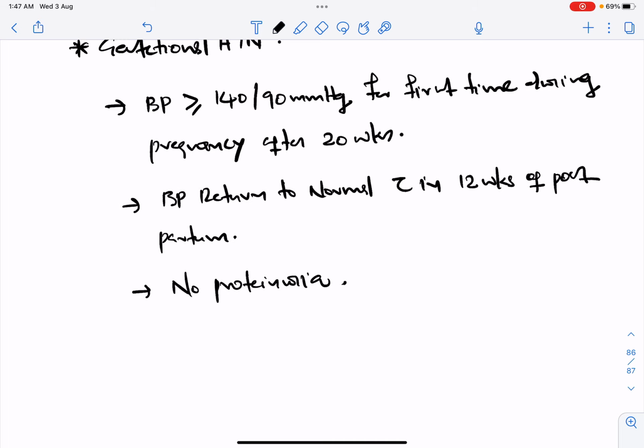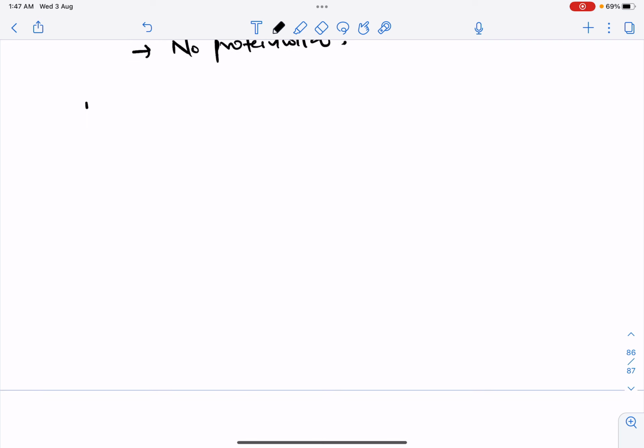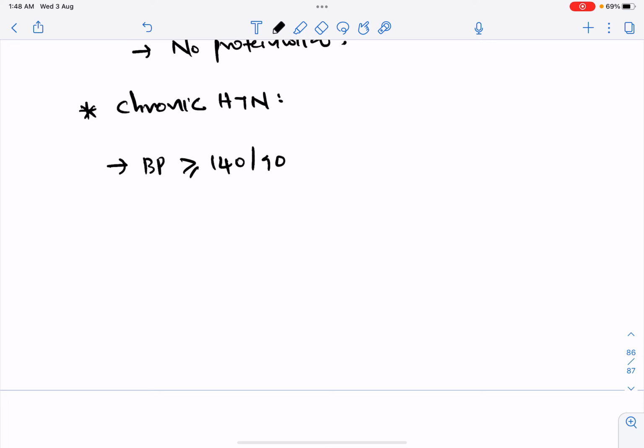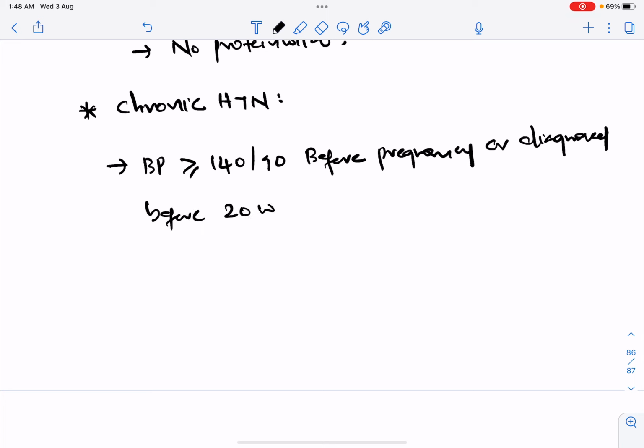Okay, now there is something called chronic hypertension. That is our second category. Here the BP should be more than 140 out of 90, but it should be there before the pregnancy or diagnosed before 20 weeks of gestational age.